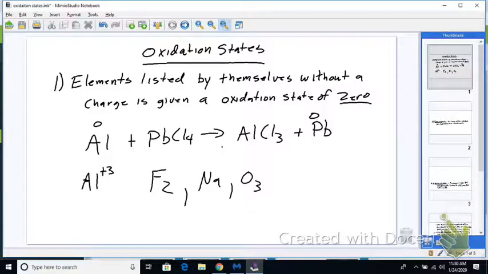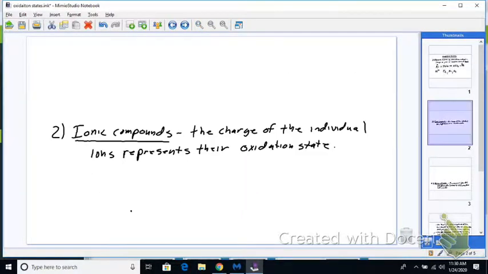Now, the second one. You don't have to write this one down, but you can. The second rule just says, whatever the charge is, that's what we represent as the oxidation state. So ionic compounds you treat just like you always have. You look that charge up, find that charge. But they're also oxidation states.